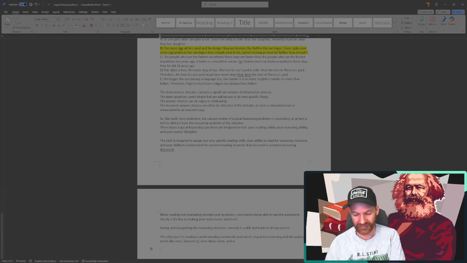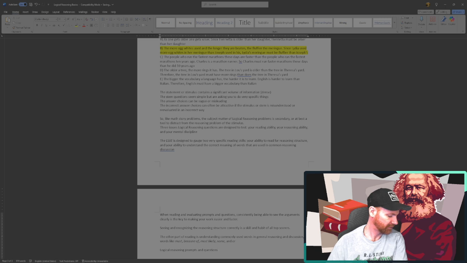So, logical reasoning prompts and questions are also a measure of your ability to judge or form an opinion about the important information given in the stimulus.